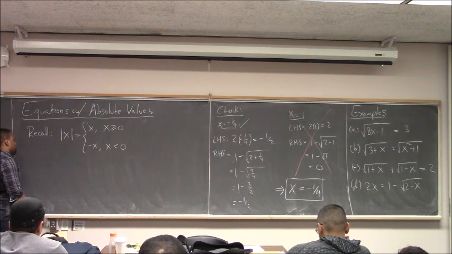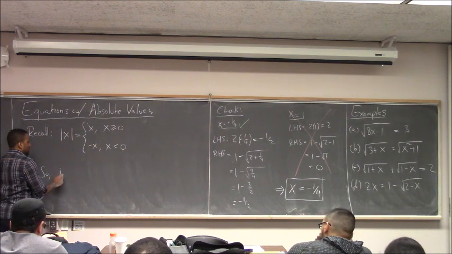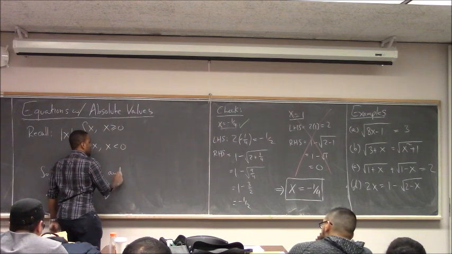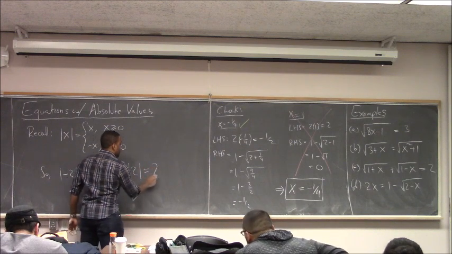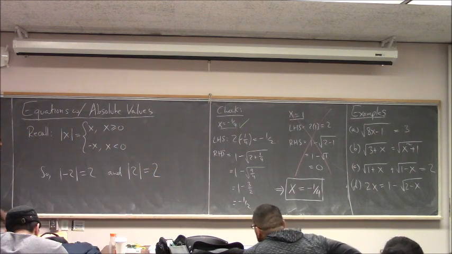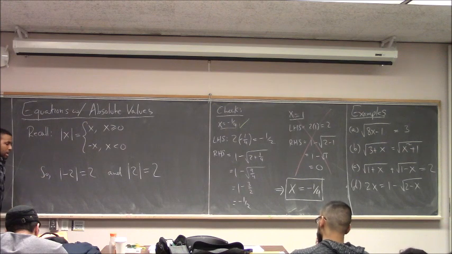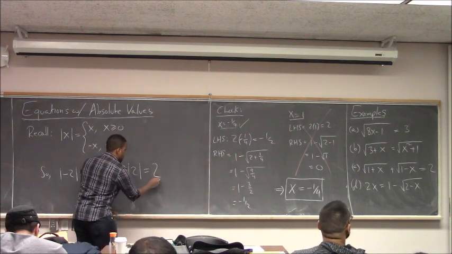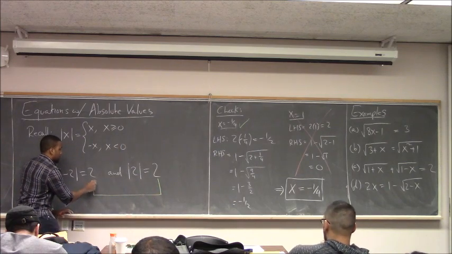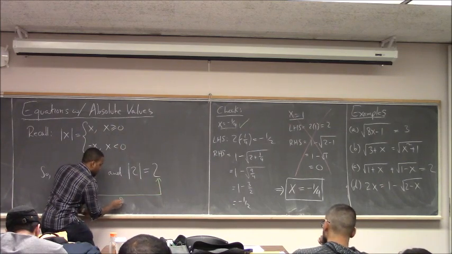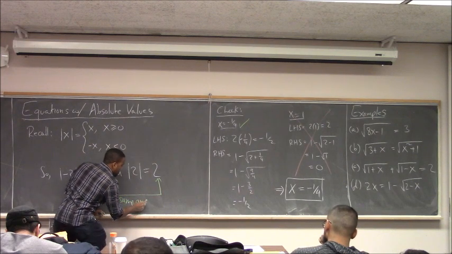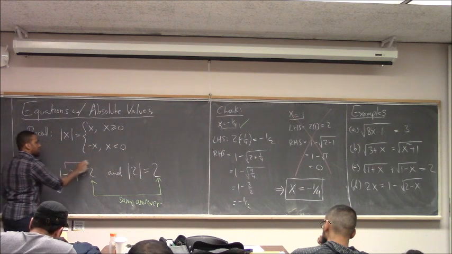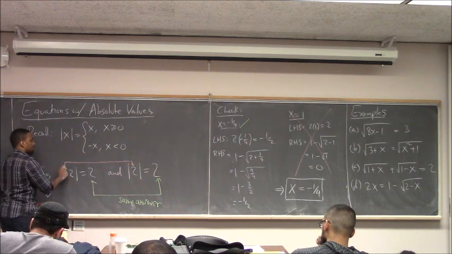So you can have the absolute value of minus 2 is 2, and at the same time, the absolute value of 2 is also going to be 2. So this example shows you that sometimes we can have the same answer, but the things inside the absolute values are actually the negatives of each other.